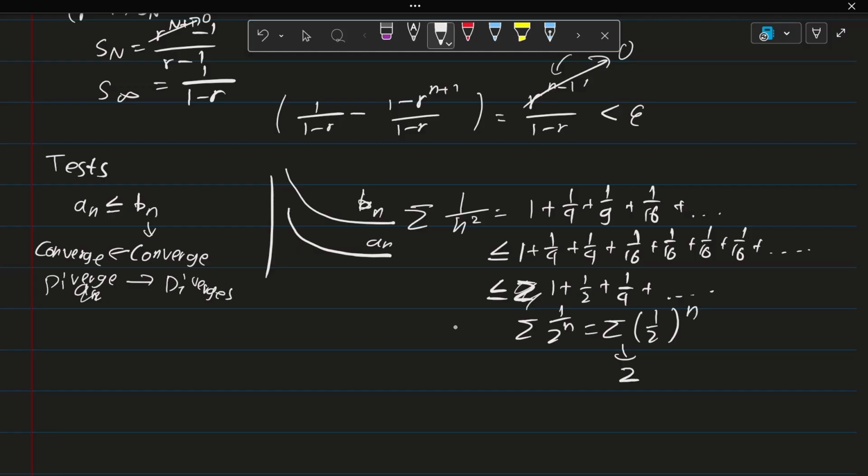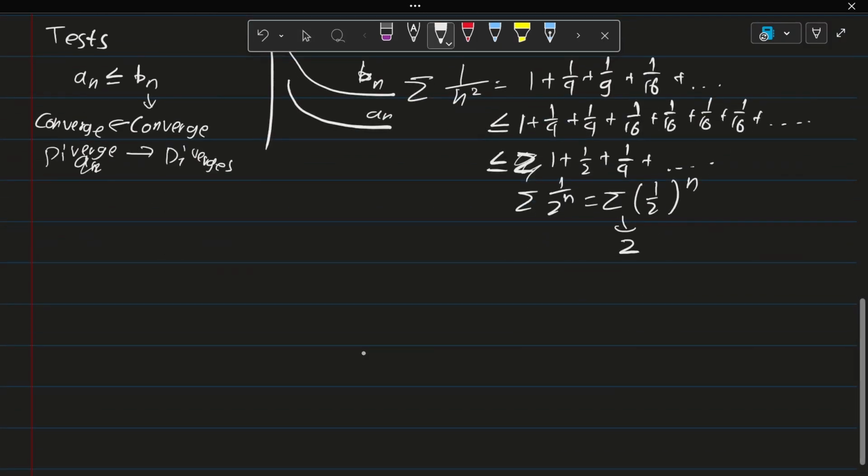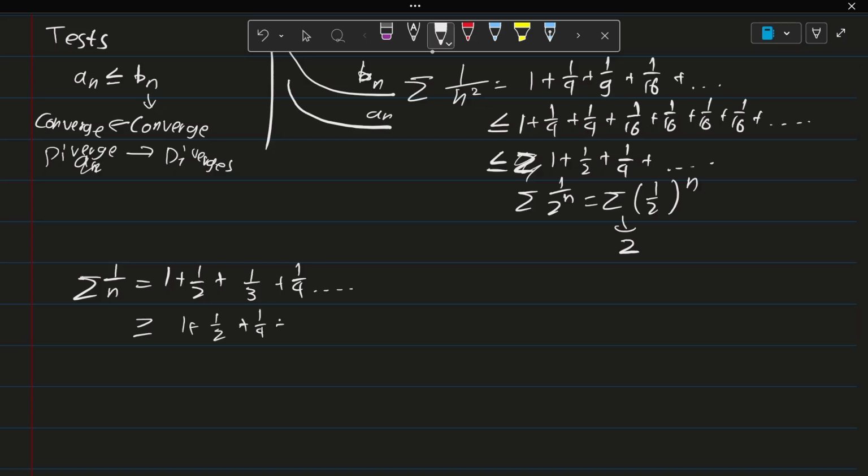Let's do another example. We will just say that we want to figure out does the sum of 1 over n converge or not. So this could be written as 1 plus 1 over 2 plus 1 over 3 plus 1 over 4 and so on. So you could rewrite this as something greater than or equal to, sorry, this should be less than or equal to 1 plus half plus 1 over 4 plus 1 over 4 and so on.